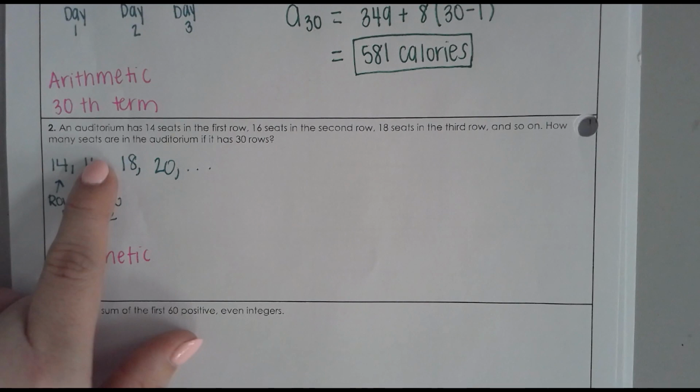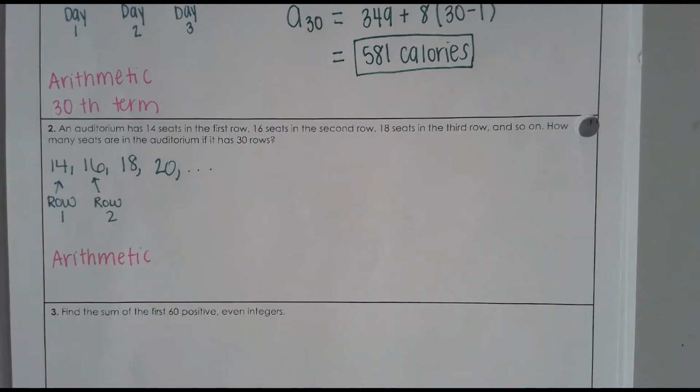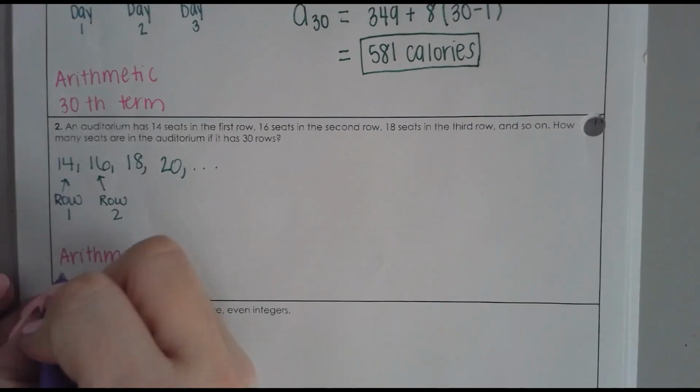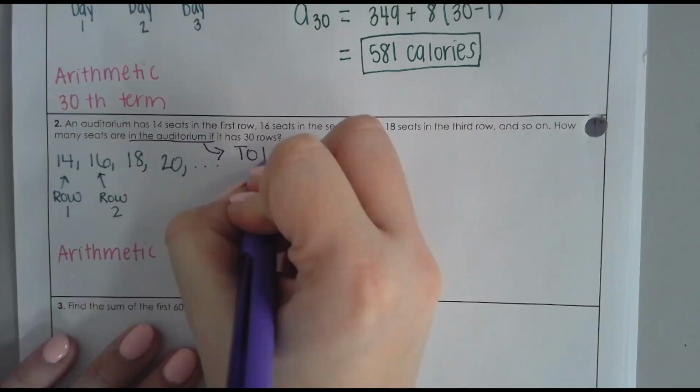If it has 30 rows, and we want the total, row 1 plus row 2 plus row 3, we need to use sigma. So in the total, we're going to do sigma.